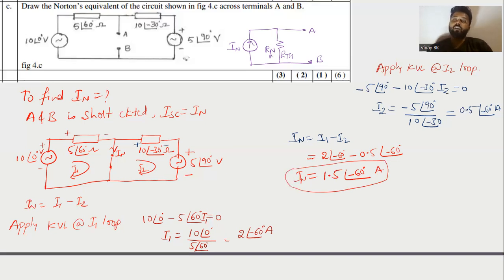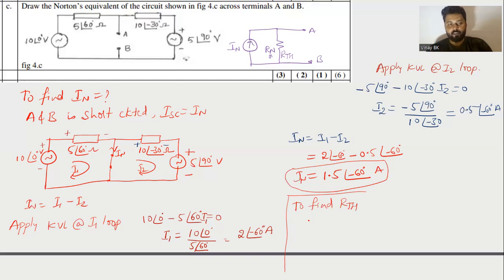Next, you need to find the value of Rn or else RTH. To find RTH, first you should draw the circuit.